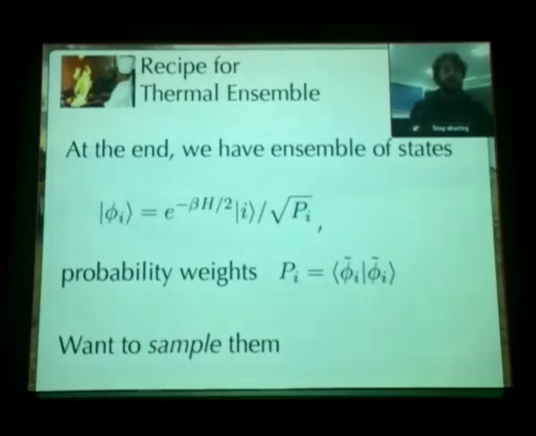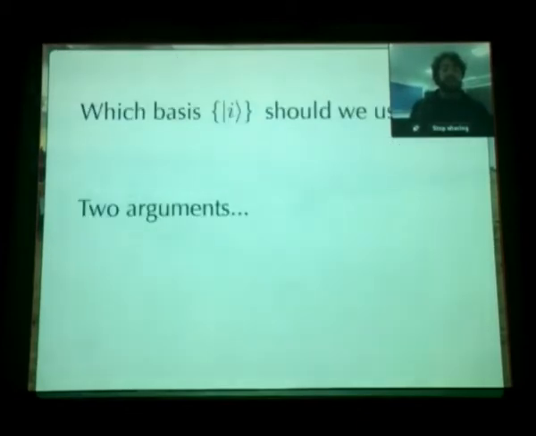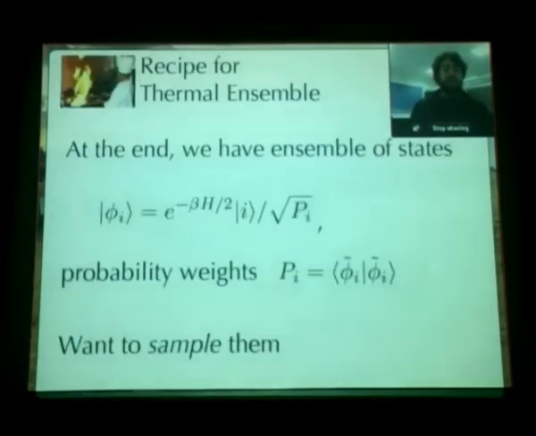And it's easy to show that if you sum up the outer products of the phi I weighted with the pi, it recovers the density matrix. So you've made one of these ensembles, and now you want to sample the phi I with relative probability pi. So you want to take a random walk in the space of the phi i's. And if you take expectation values, you're guaranteed to get the right thermal average.